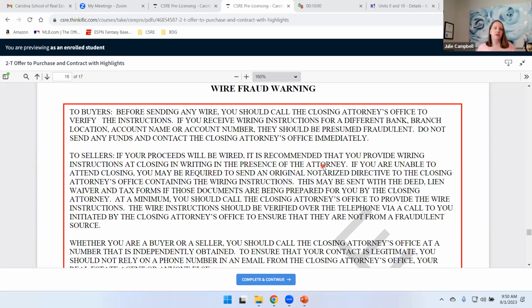This is one place of communication that you and I do not need to get involved. If your buyer or seller receives an email from the attorney or from you, including wire transfer instructions, let's just go ahead and assume we've been hacked.